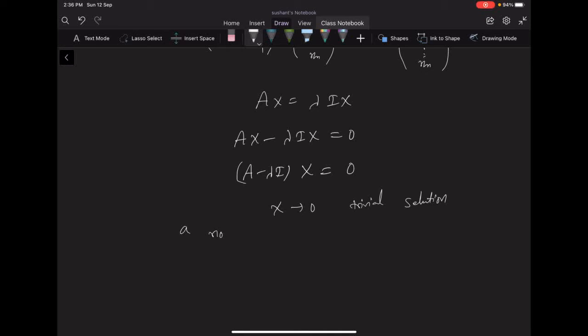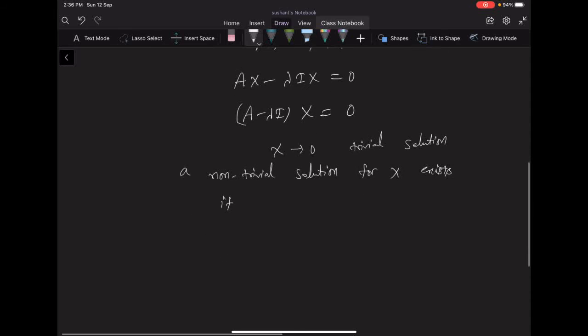But a non-trivial solution for x exists if this matrix A minus lambda I is a singular matrix. So the determinant of A minus lambda I equals 0.